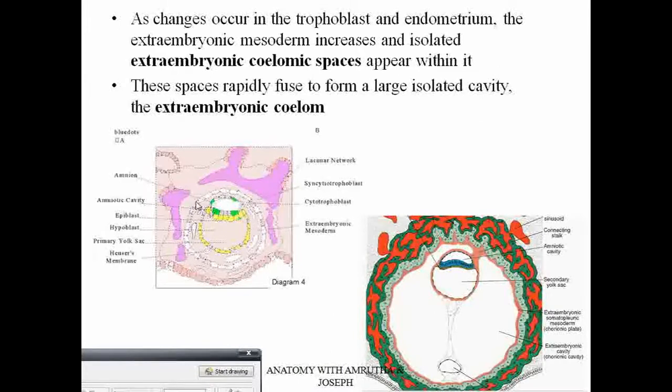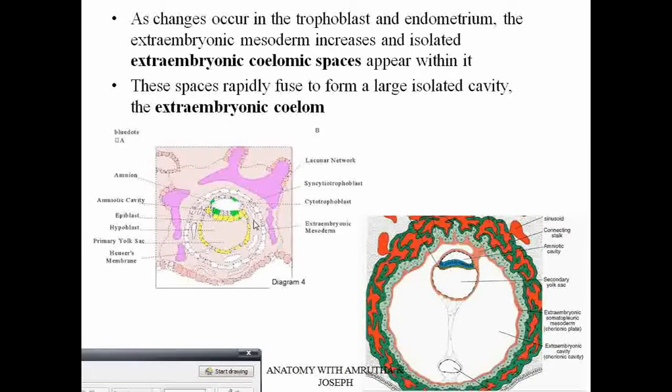It is arising from the trophoblast and covering the amnion, the amniotic cavity, and the primary yolk sac. As the extraembryonic mesoderm increases in size, small spaces appear in this area, and they are called extraembryonic coelomic spaces.